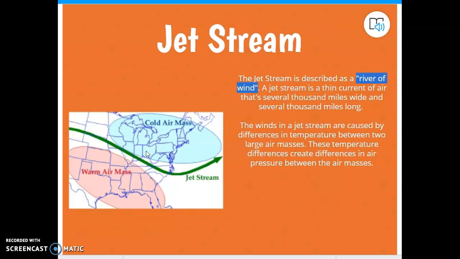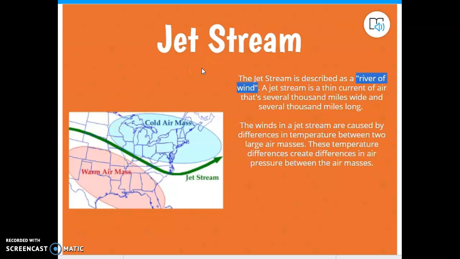And because of these different temperatures, you have the cold air up here and the warm air down here. Because of that, it causes a difference in air pressure. And we know that when you have differences in air pressure, such as high pressure and low pressure, you're going to end up with wind, which is what the jet stream is, a river of wind.